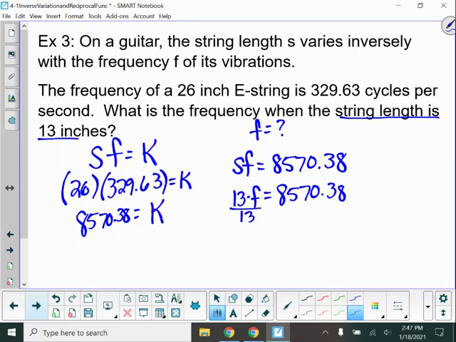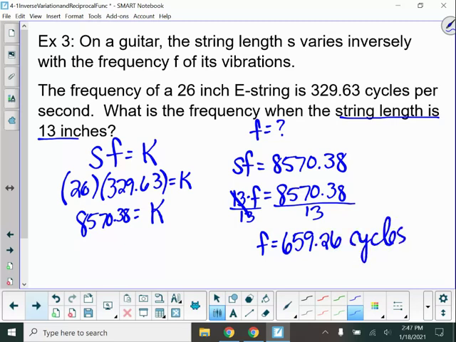I'm going to divide both sides by 13. And for my F, I get 659.26. And my label is going to be cycles per second.